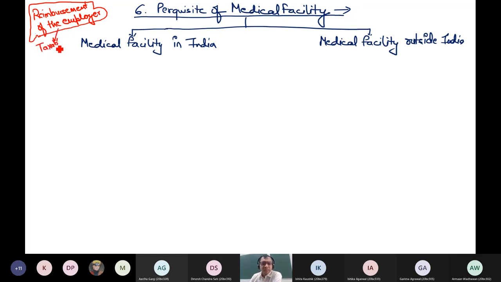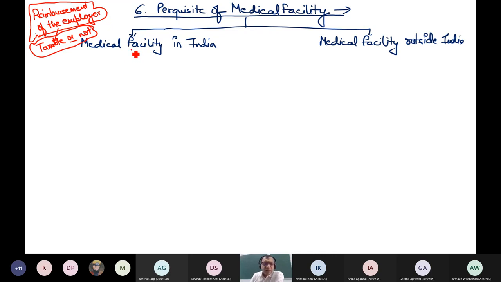That's it. This is what our question is. Whatever amount is reimbursed by the employer or given by the employer to the employee for medical facility, our question is to check whether it is taxable or not, fully taxable or less amount is taxable, whatever is the case.